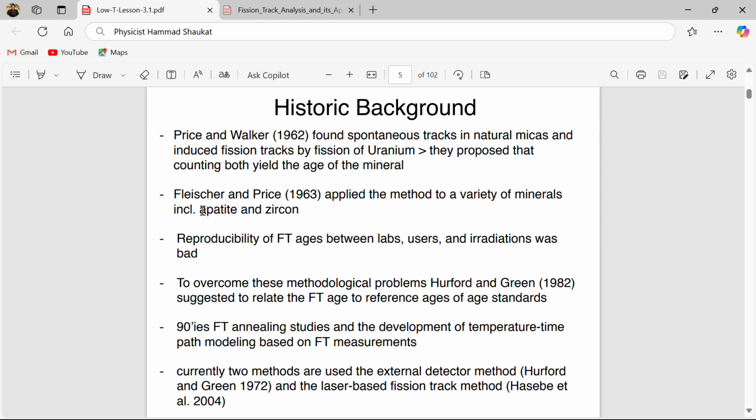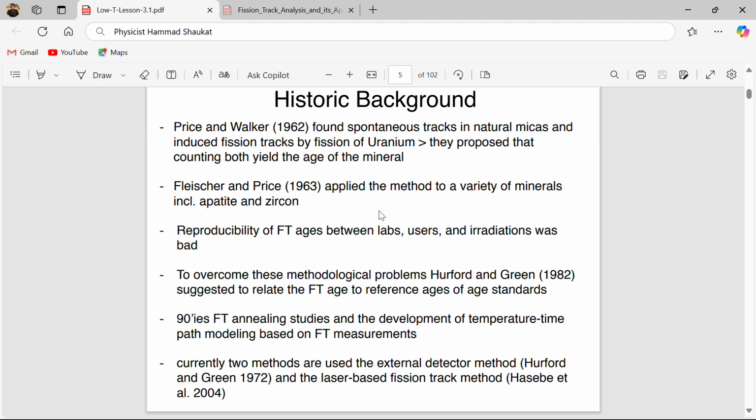Then two other scientists also applied the method to a variety of minerals. They also found poor reproducibility of FTH between labs and users, and irradiation was bad. To overcome these methodological problems, Hurford and Green, two other scientists, suggested relating the FTH to the reference age of age standards.